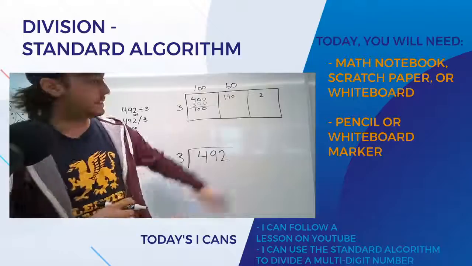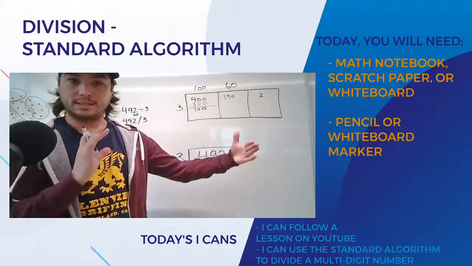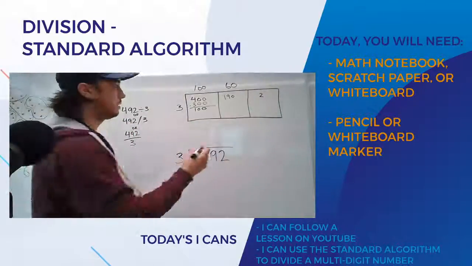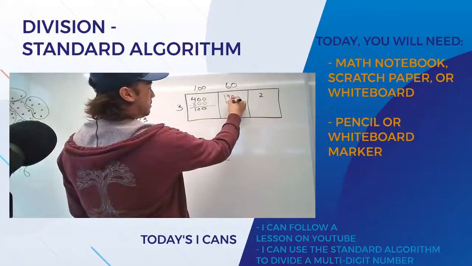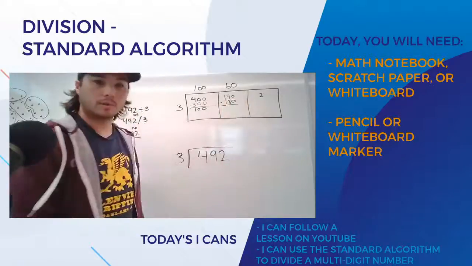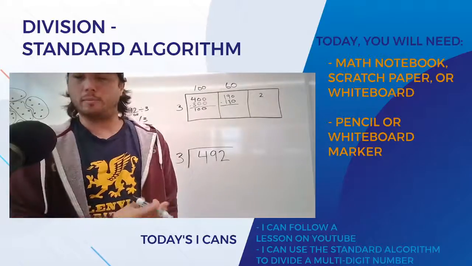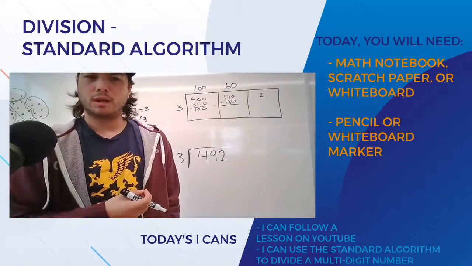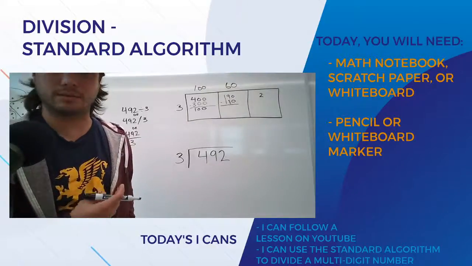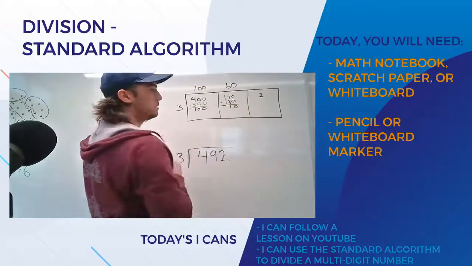3 times 60, if we're thinking about this rectangle as being 60 wide and 3 tall, right? How many are in that rectangle? 6 times 3 is 18, and use our multiples of 10 shortcut to make 180. And then we subtract that out because we've already figured out how much 60 groups of 3 is, so we need to know how much is left over that we still have to divide. 190 minus 180 is 10.